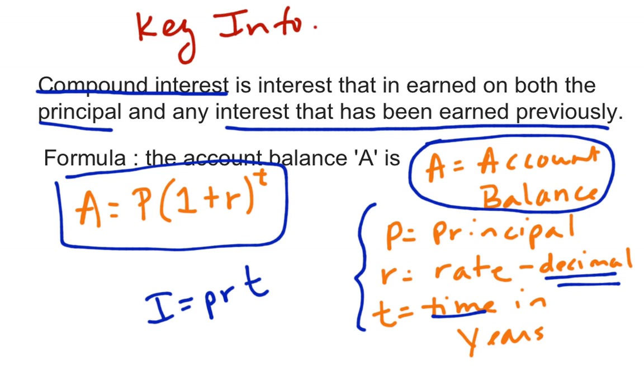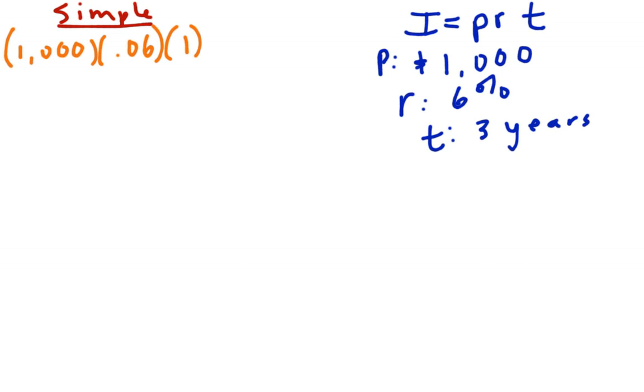I'm going to write the example problem out two different ways. In my example problem, I have I equals PRT for simple interest. I'm just remembering how to do simple interest, and I'm going to compare that with compound interest, so I'm going to use the same parameters: principal of 1,000, rate of 6%, and time in years of 3. Let's remind ourselves what that would look like if we only had simple interest.